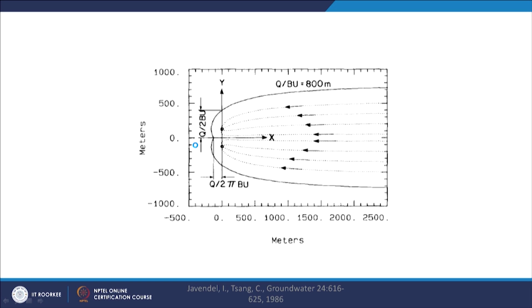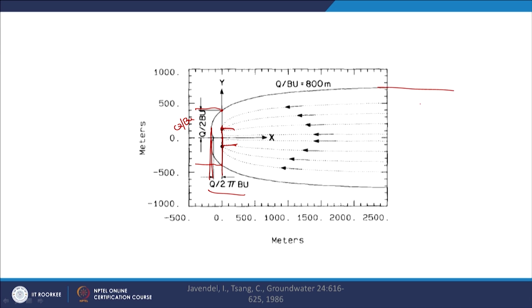Here we have the case for 2 wells. What do we have here? We have the distance at the center line of the wells, and this is Q by 2 BU. So, obviously this particular distance will be Q by BU. We also have the spacing for these 2 wells, and the spacing from the center line to this particular stagnation point, that is Q by 2 pi BU.